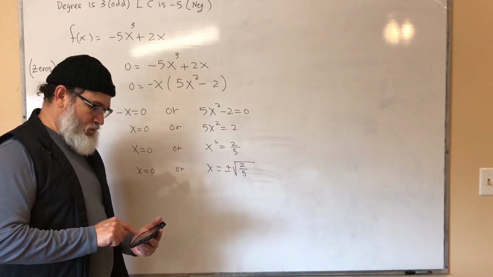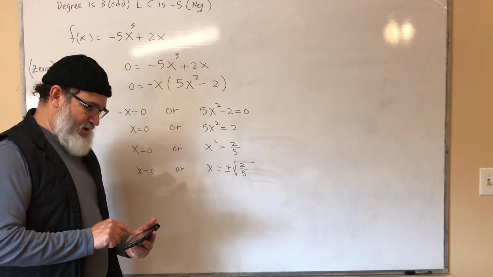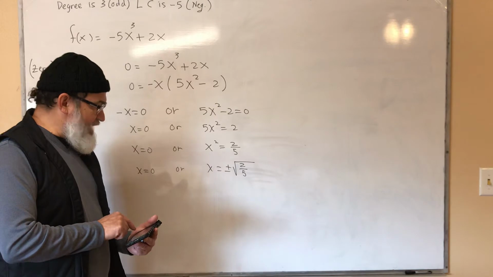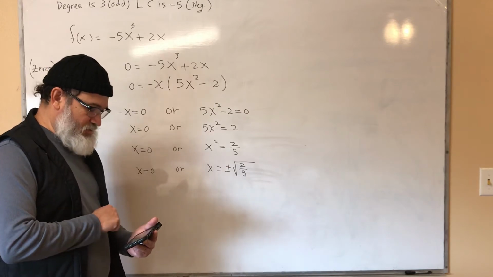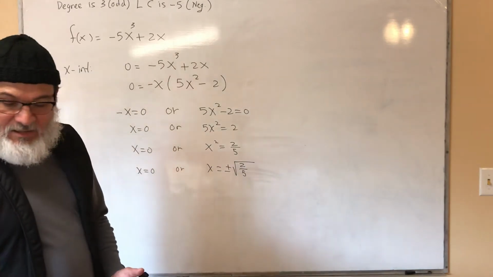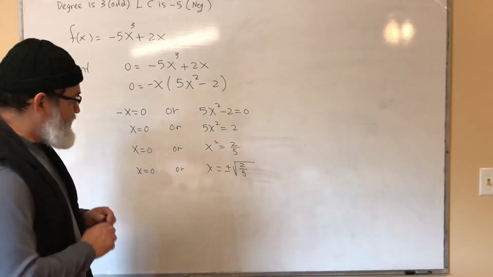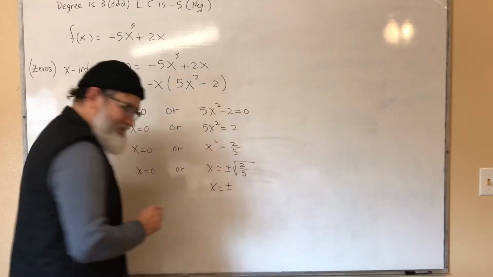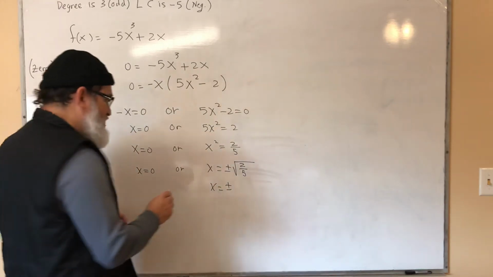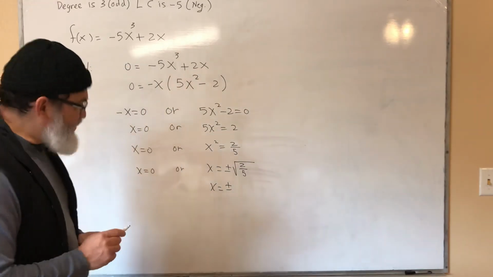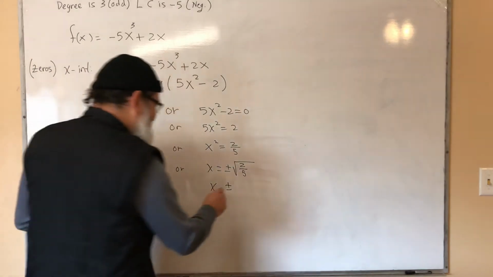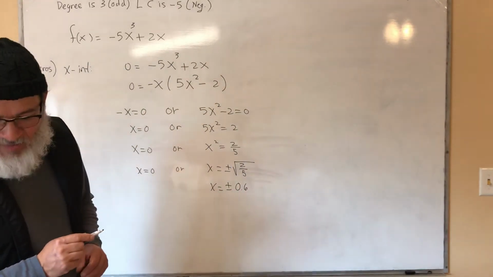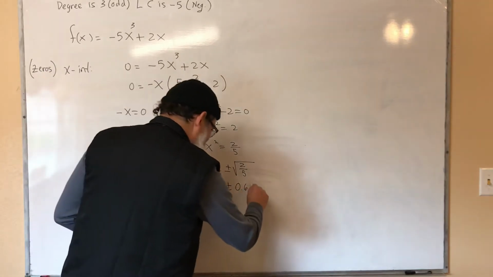So 2 divided by 5 equals, and now take the square root of that, and I get the following. So x equals plus or minus the square root of 2/5, which is 0.6, and I'm going to round to the nearest hundredth.